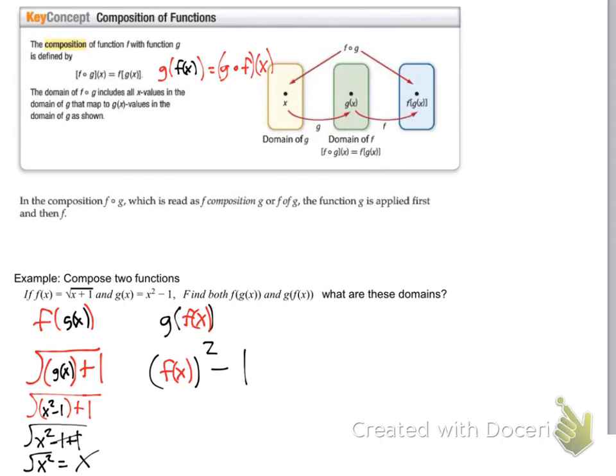And so, I would have the square root of x plus 1, squared, minus 1. Wait a minute, what happens to this square and the square root? They cancel, so I get x plus 1 minus 1. Those cancel, leaving me with x. Boom.